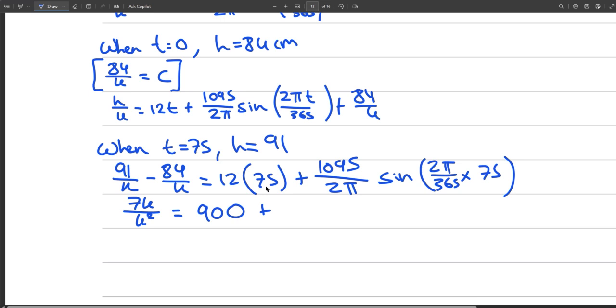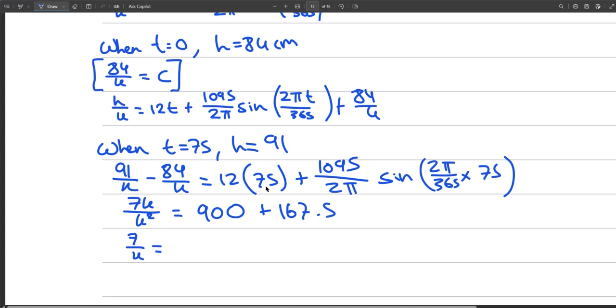Make sure it's in radians because we're dealing with pi here. And that gives me 900 plus 167.5.